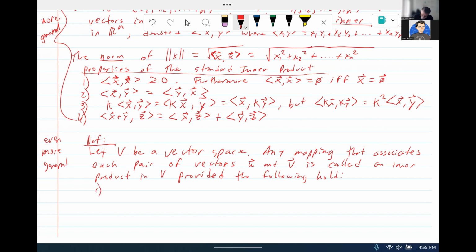One, V inner product with V is greater than or equal to 0.